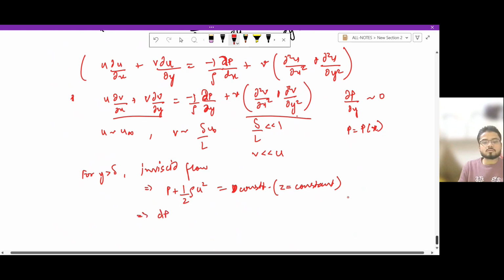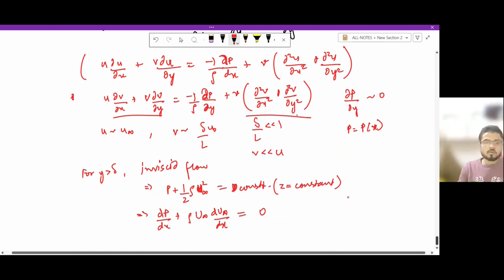So you could always write something like dp/dx plus rho, and since this is the free stream velocity, u infinity du infinity/dx, assuming all the variations with y are insignificant compared to x, would be equal to 0.